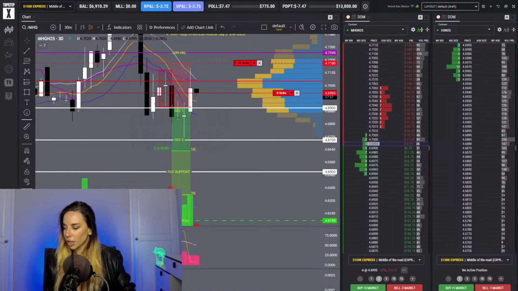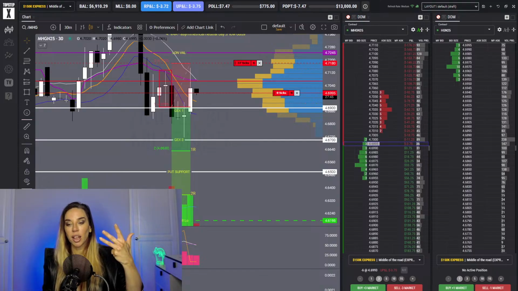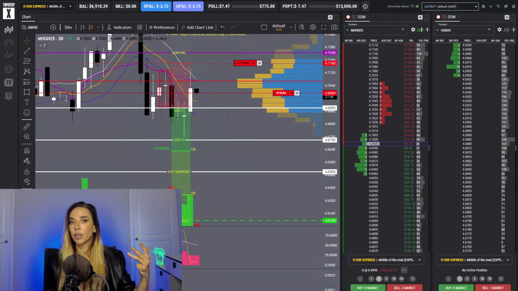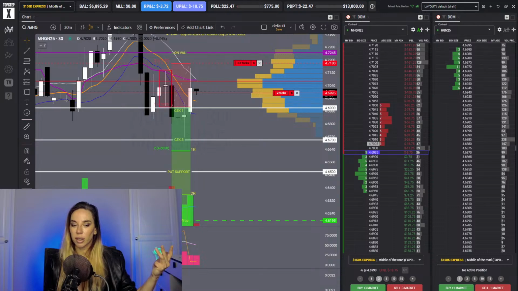Sharif says, why can't we trade HG and MHG in live funded accounts? You can, but you need to pay for COMEX, mate. It's a different exchange. You have COMEX, NYMEX, CME, CBOT. If you pay for all four, you better be making like 10 grand a month to be able to justify like $500-600 of data fees as a professional trader. But you can.